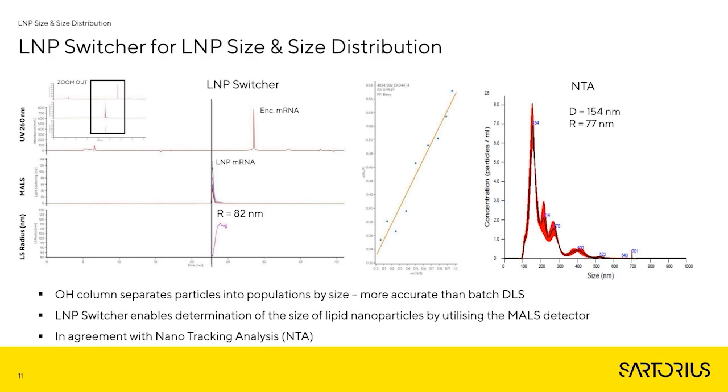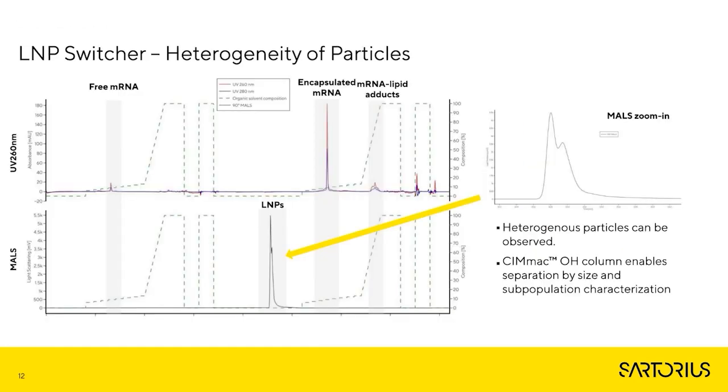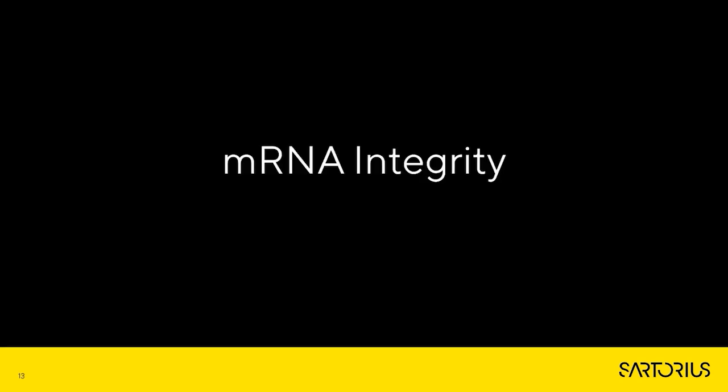Importantly, by that we also remove the larger particles, and then we can see subpopulations of particles. Here is an example of that. Depending on what you're expecting from your particles, you can change your method a little bit so that you see the subpopulations that you're expecting or think are problematic.